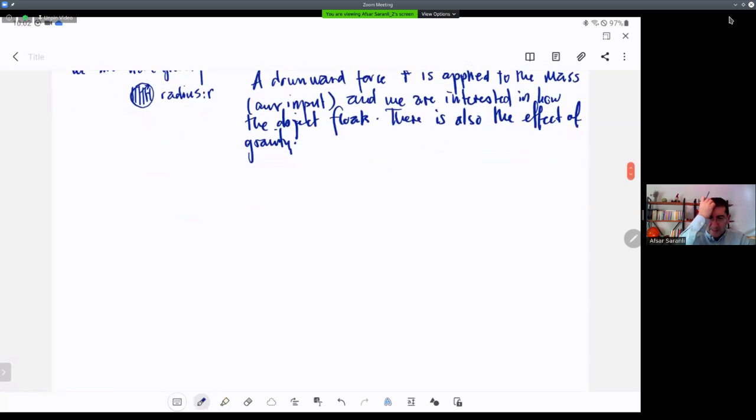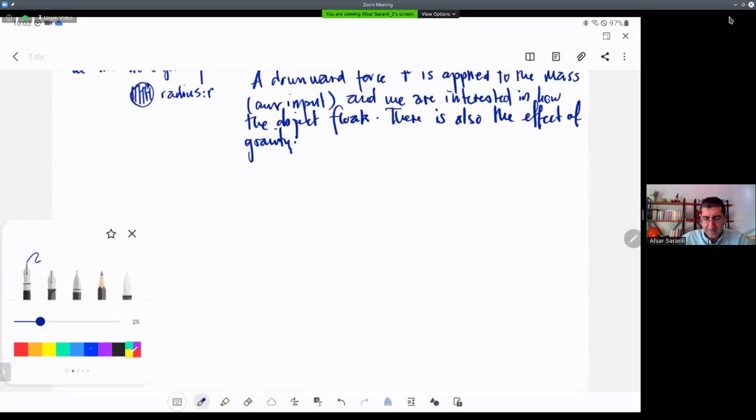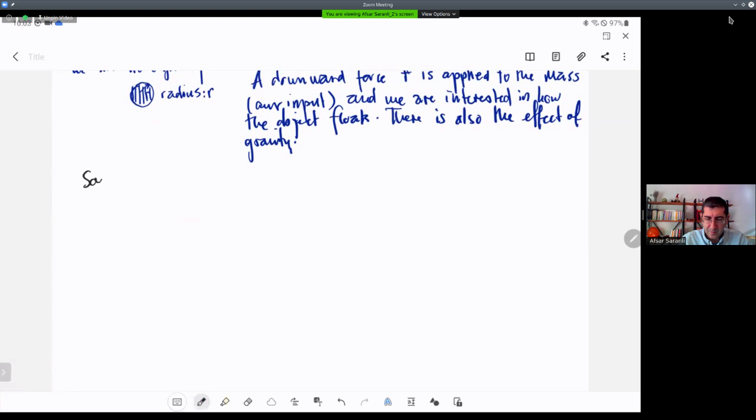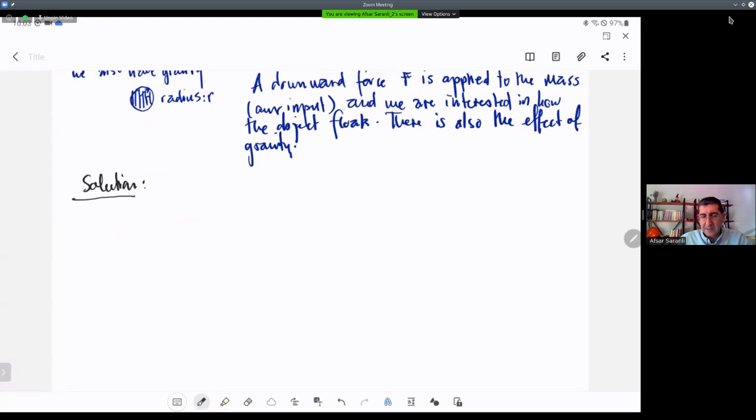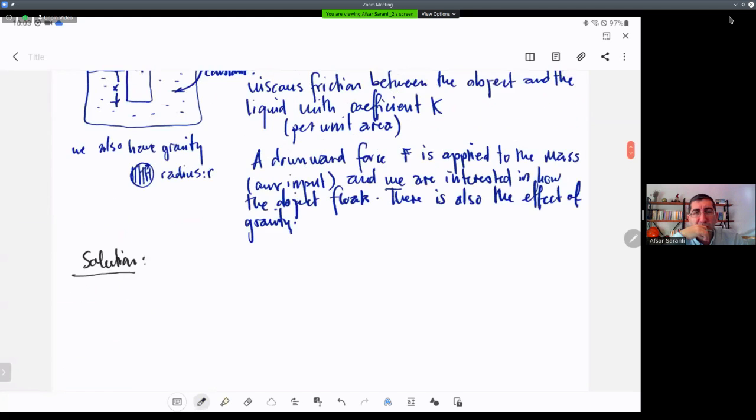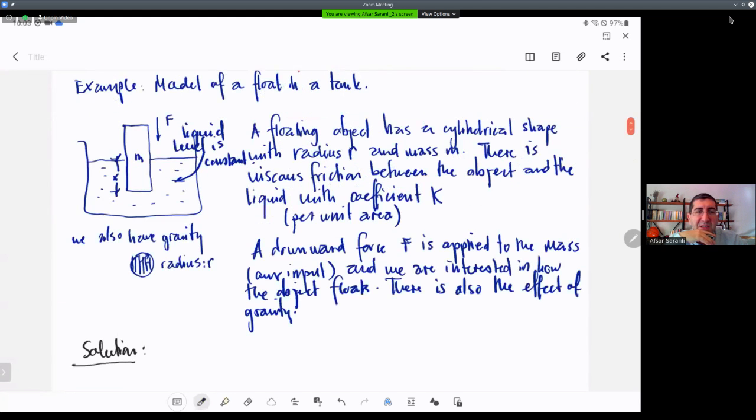Okay, so let's take a look at how we're going to solve this. You see, this system is primarily a mechanical system because there is a mass, there is gravity, there is a force, and there is position.